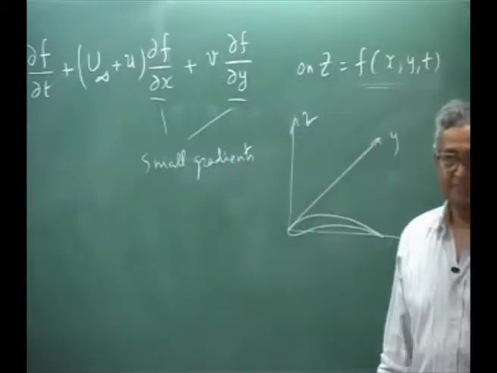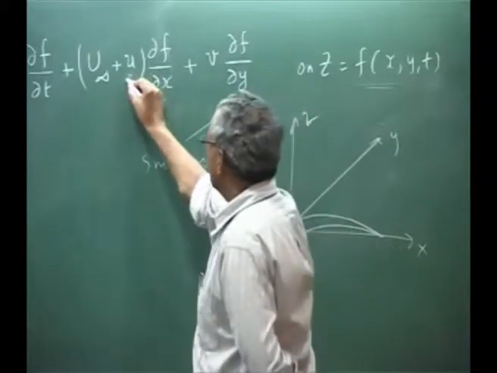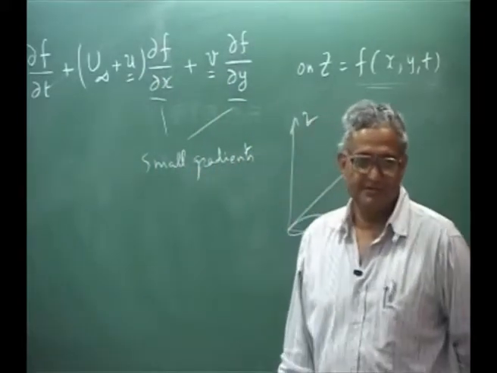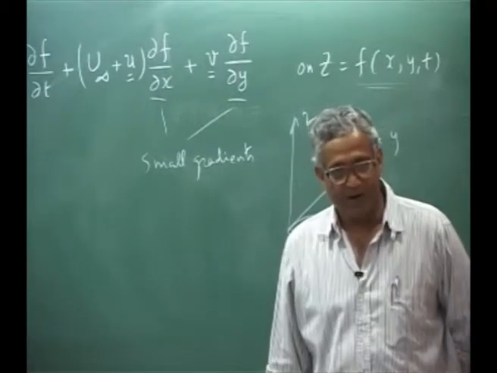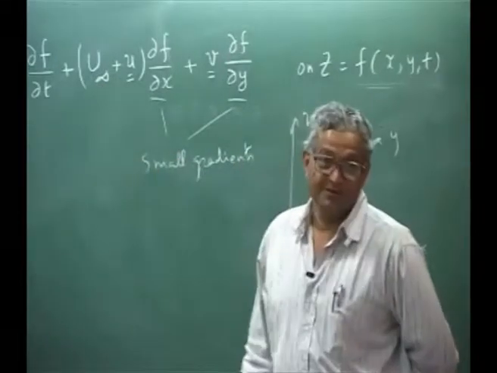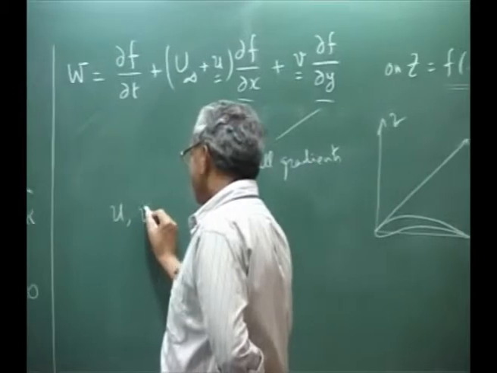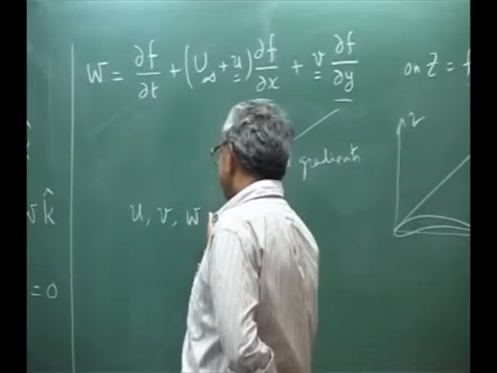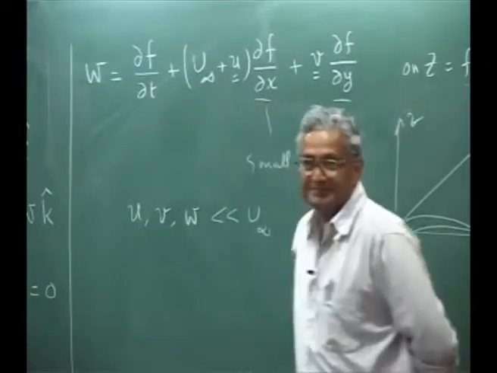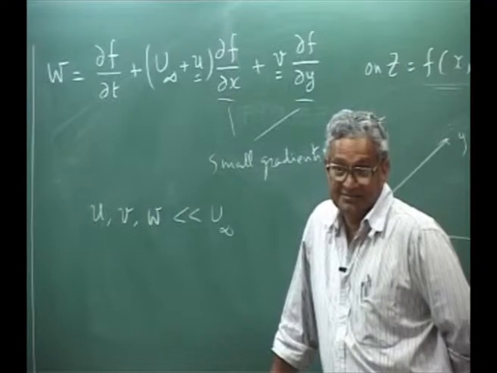And then, this is again an assumption that my u and v are also relatively small in comparison to u infinity. So my u, v and w are small. This is an assumption I am making.